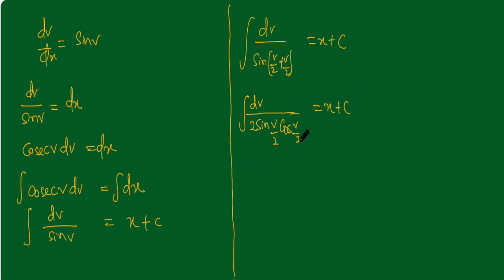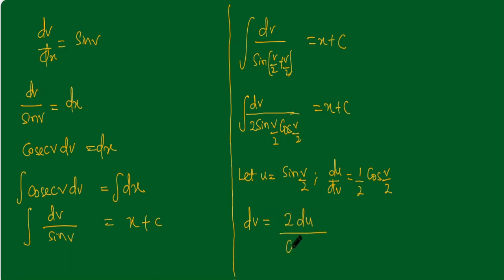We can use substitution to evaluate the left-hand side of this integral. So to do that, we can say let u be equal to sine v over 2. And we have our du dv to be equal to 1 over 2 cos v over 2. So our dv automatically becomes 2 du divided by cos v over 2.